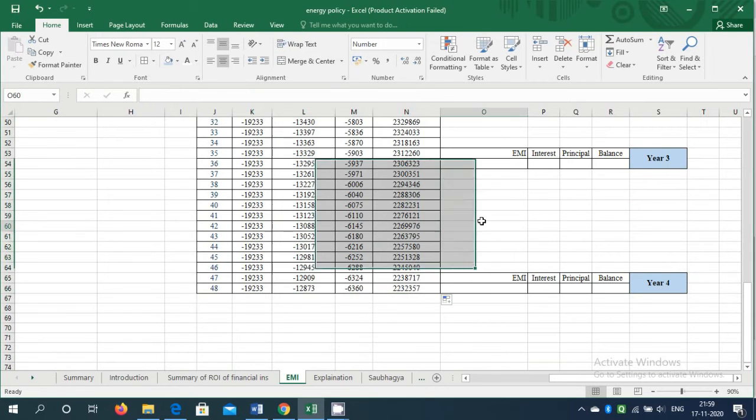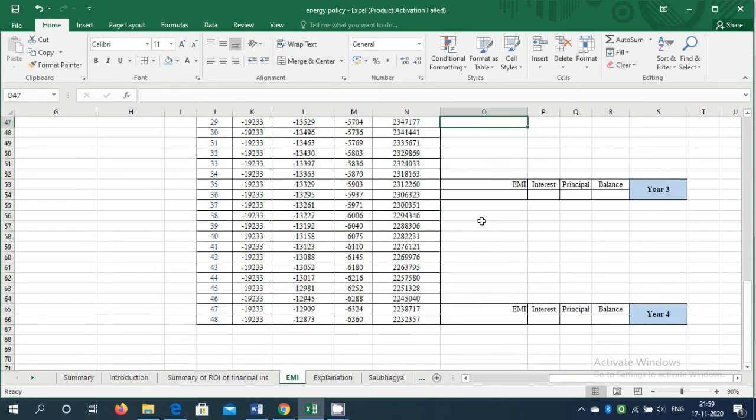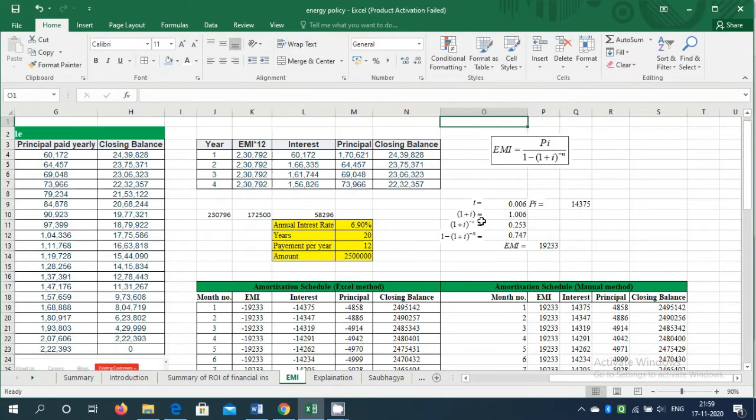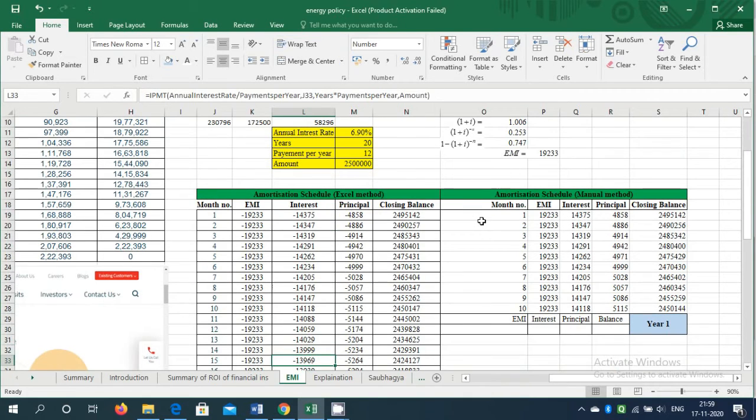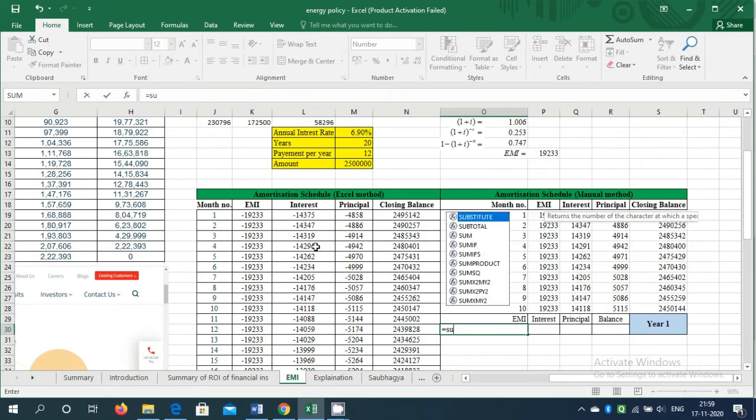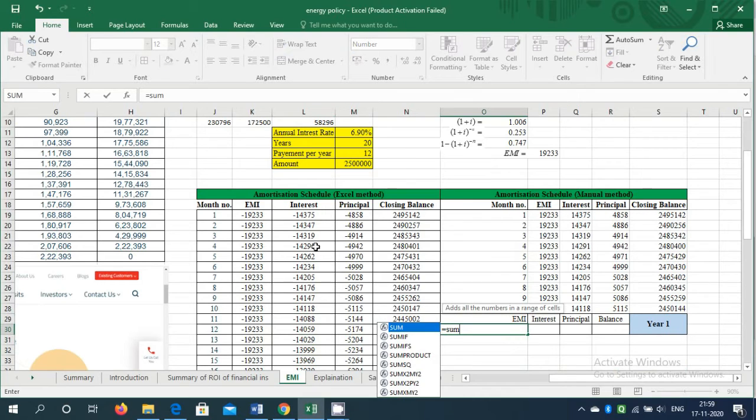Now for each year, because here the EMI is given on a 12-month basis and interest is also on an annual basis, for calculation of that I'll add up the EMI over here, the sum of EMI value calculated for 12 months.